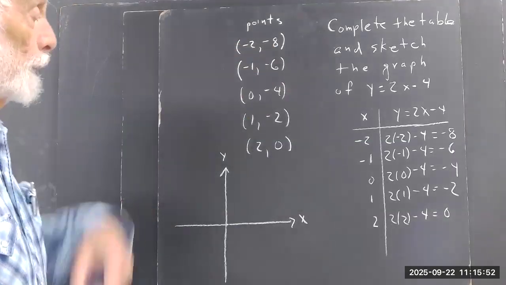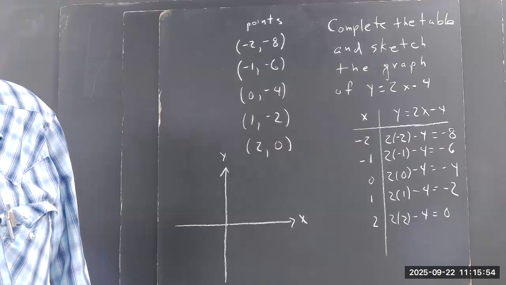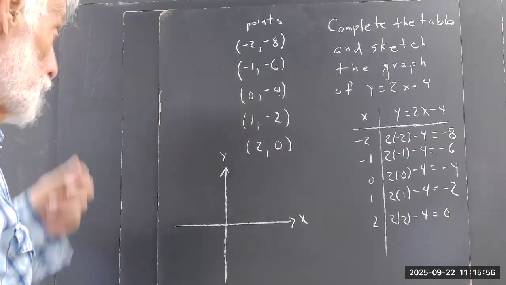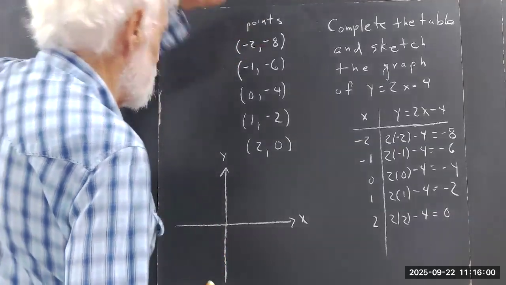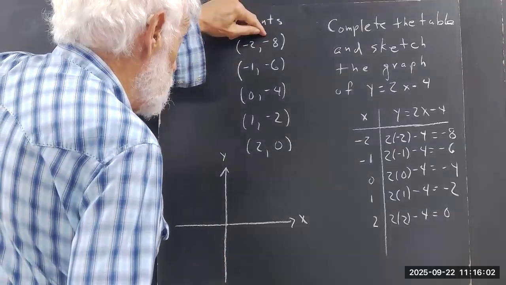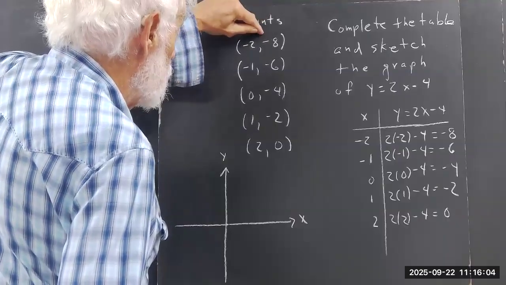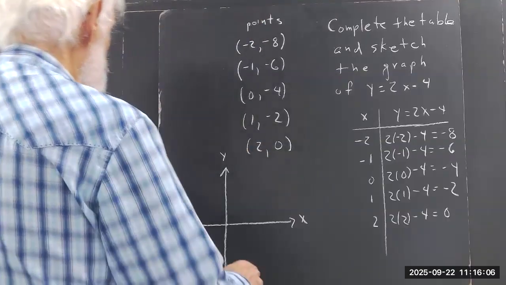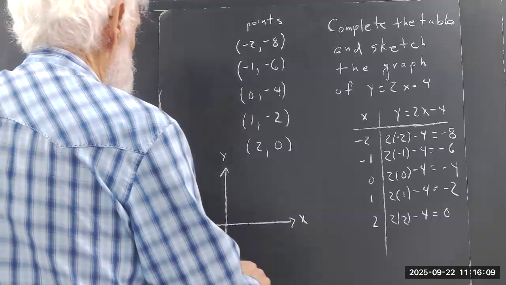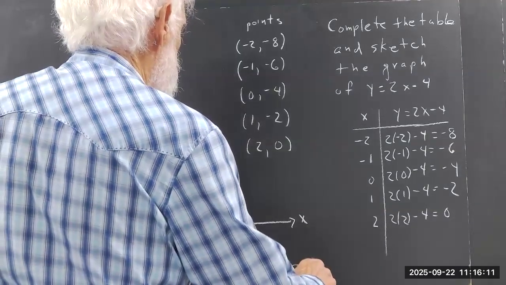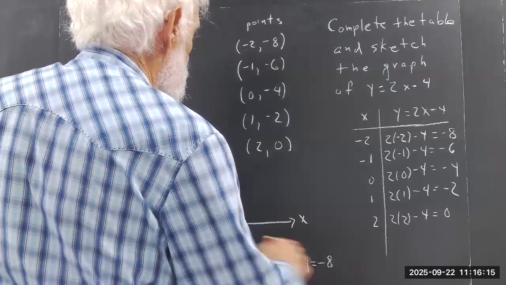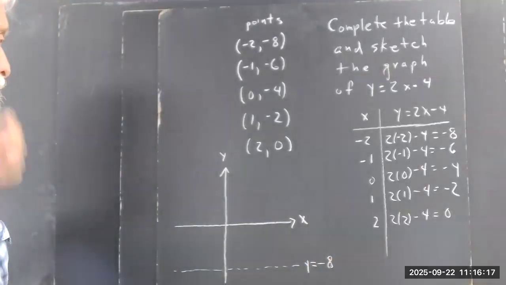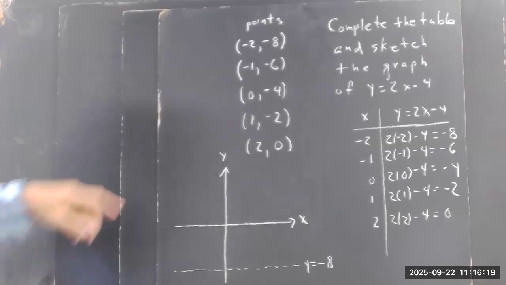The lowest y value you need is negative 8. All your y values are between negative 8 and 0. So let's put y equals negative 8 about here. Okay.